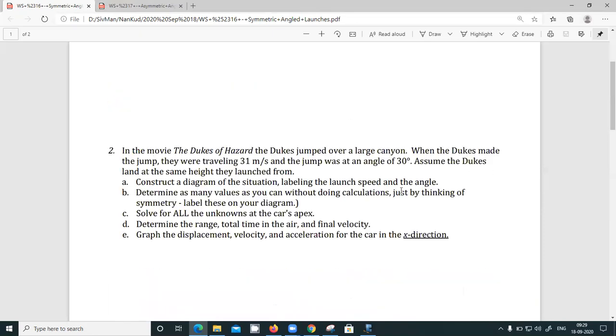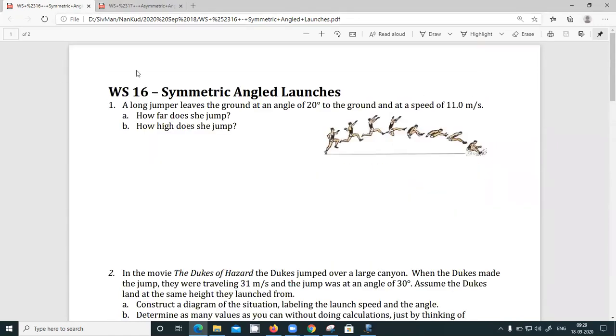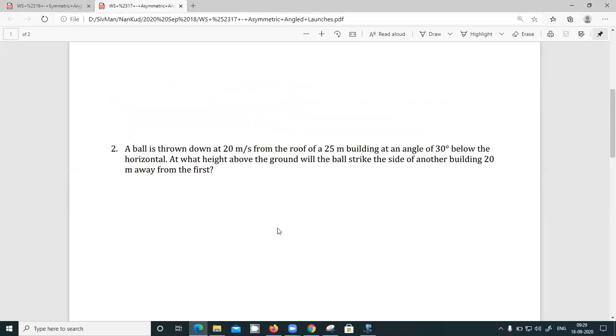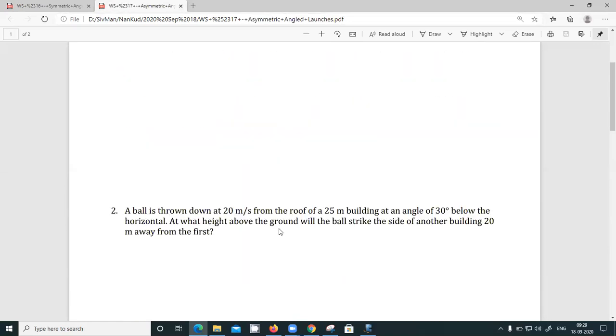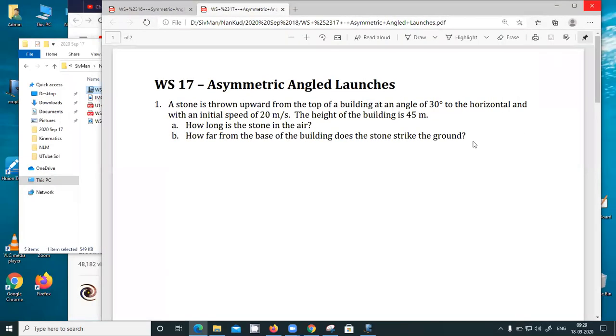Okay. So I'll get the solution of this worksheet, 16 and 17. This 17, right? Yeah. I'll do that one and then I'll send it to you. Meanwhile, you try this 15, 16, 17 and the previous one also. And then I'll try to catch you in the morning.